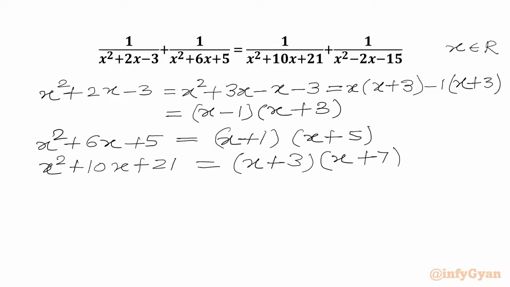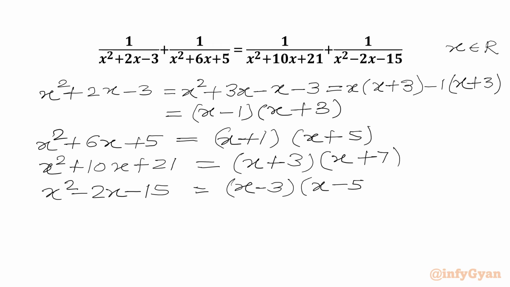And our last denominator x square minus 2x minus 15 can be factorized as x minus 5 times x plus 3. So we can write these factors for our denominators.